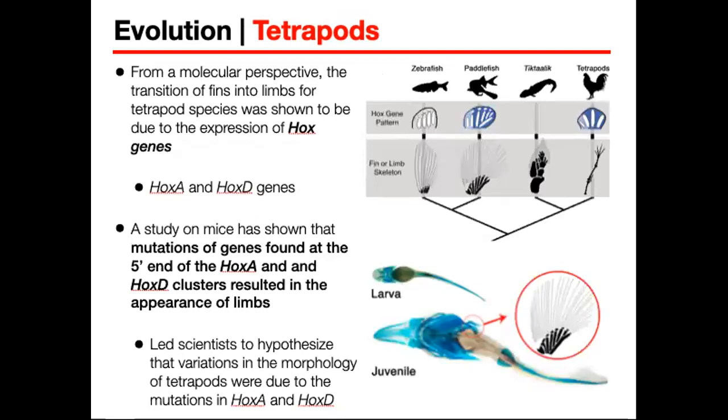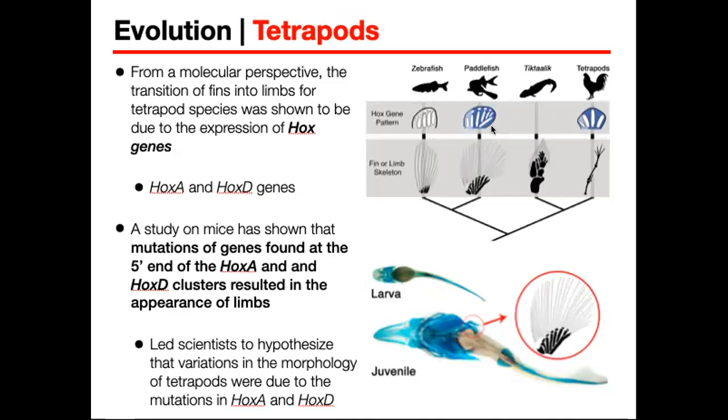Okay, from a molecular perspective naman, we go back to our discussion on the Hox genes, no, saying that the differential expression of the limbs were mainly due to the changes or mutations in the HOX-A and HOX-D genes. Like say for example in this picture right here, no, paddlefish and tiktaalik, alam natin these are ancient, no, or are like primitive na forms.